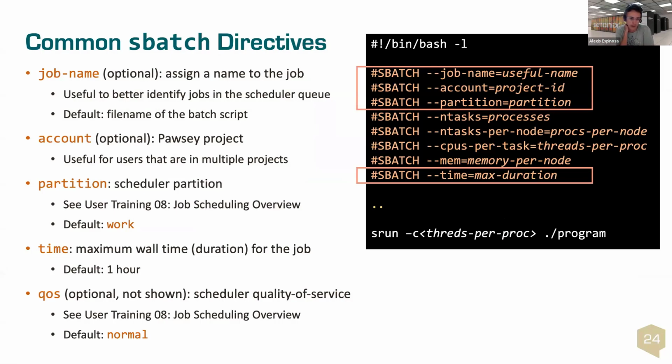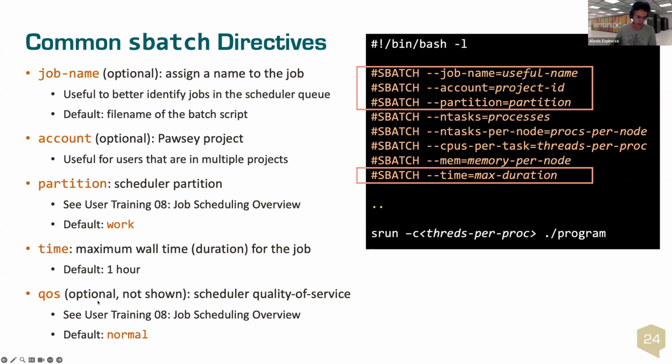Remember that every project has been given a certain amount of service units, and those are consumed. So basically, you need to tell on which project to charge the job, which partition to use, and the time. QoS is the quality of service.